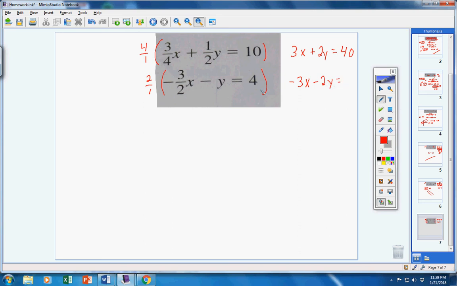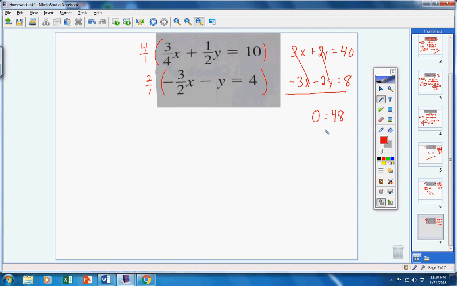And 2 times 4 is 8. Now, as you can tell, students, if we add these two equations together, everything cancels right away. So we're left with 0 equals 48.